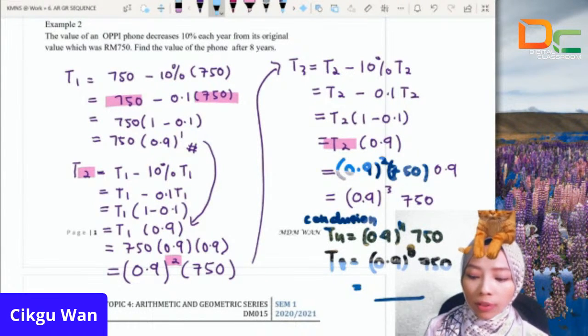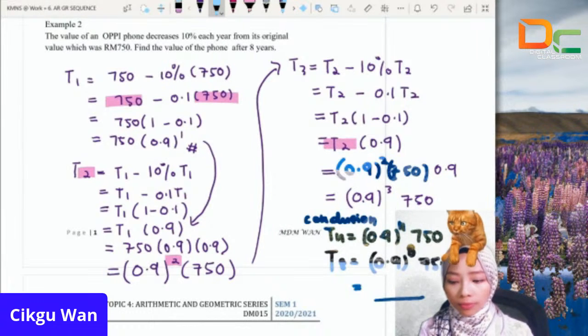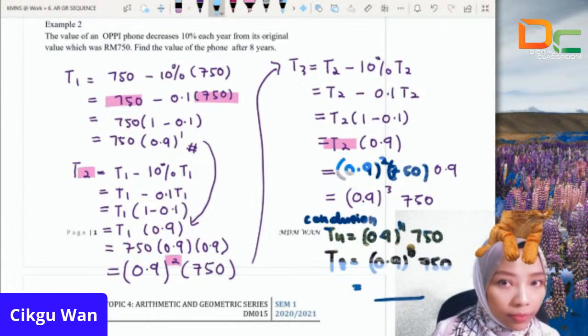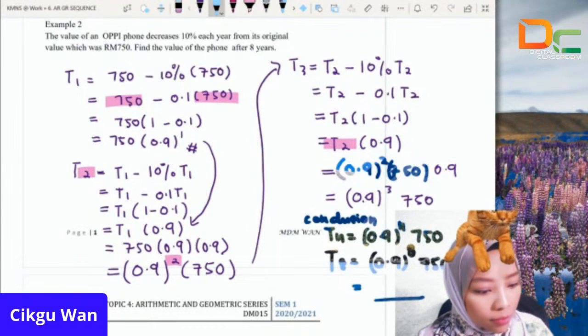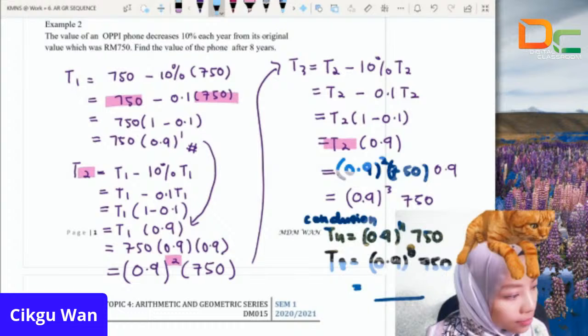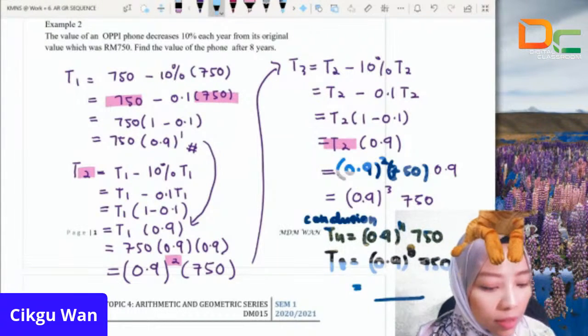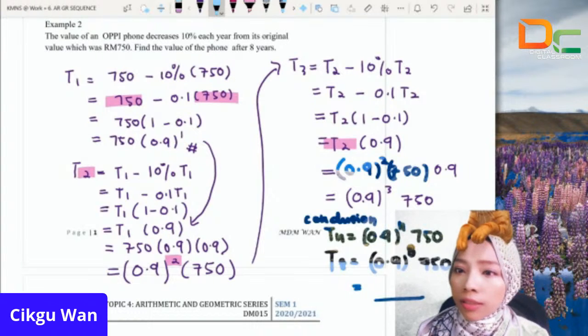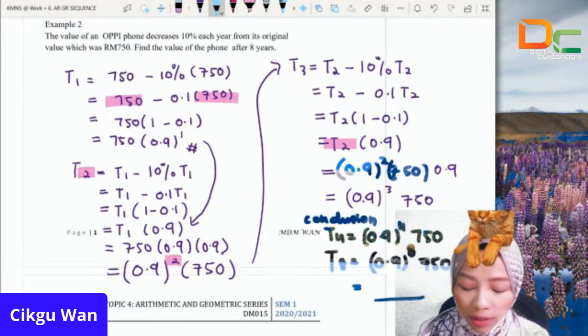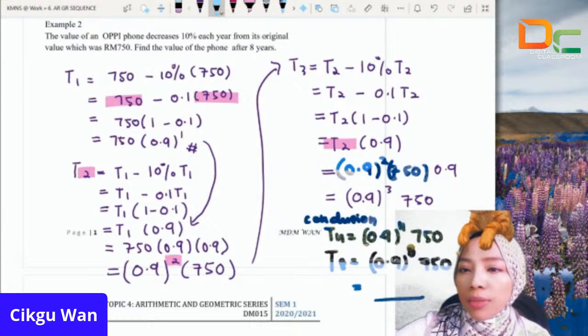Tak yalah, biarlah one screen. So what's the answer? Okay, T8. Okay, T8 boleh kira 0.9 to the power of 8 times 750.